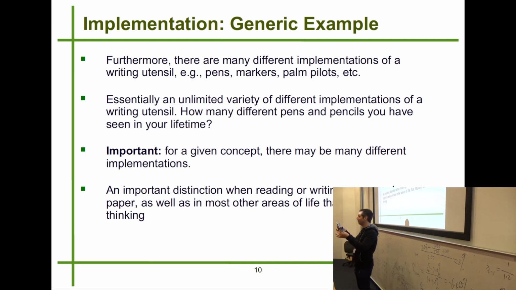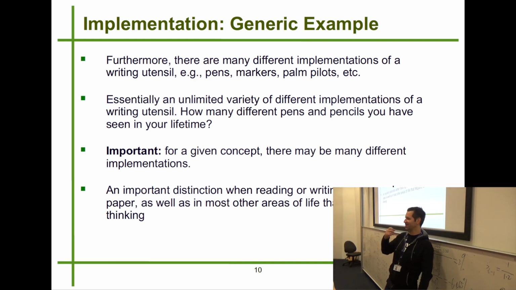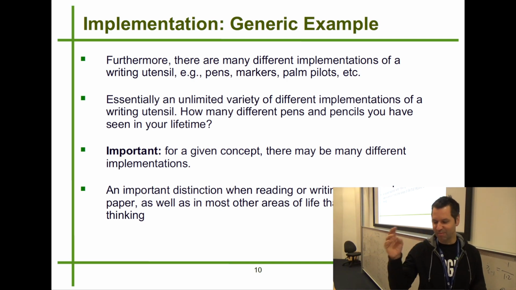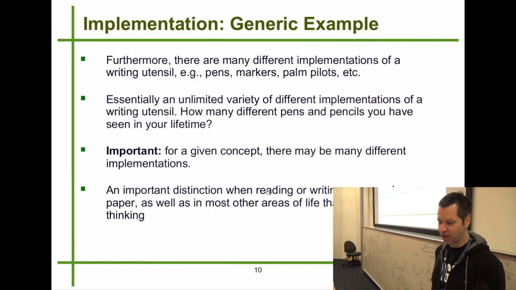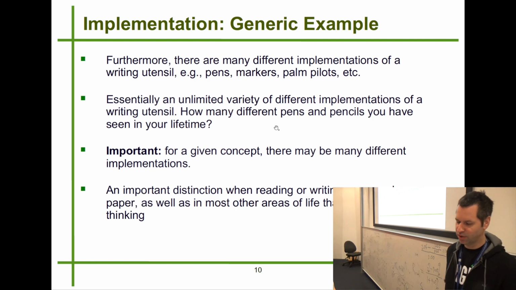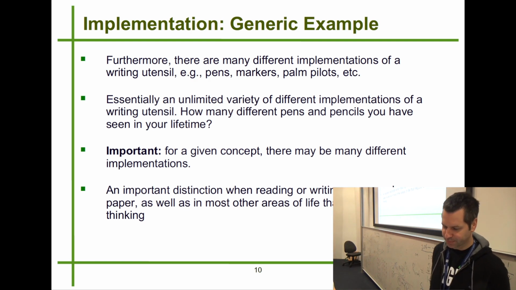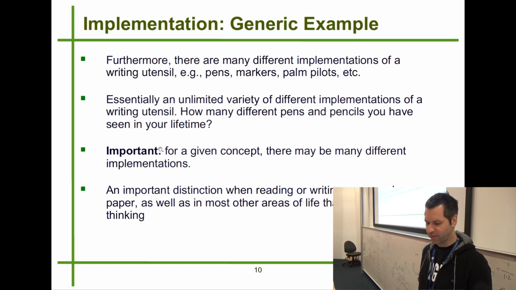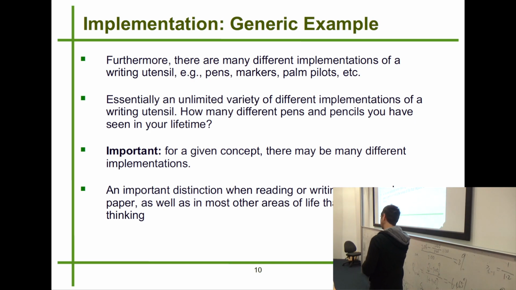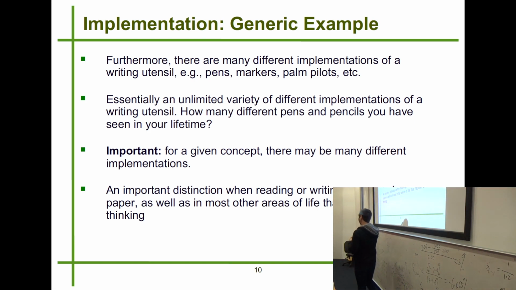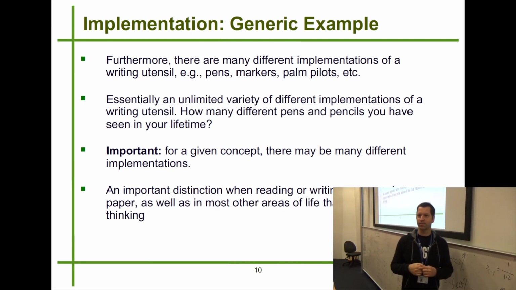If everybody takes out their pens and pencils in this classroom, probably every single one of them is different. Same with planes, automobiles, any implementation. Essentially an unlimited variety of different implementations for a given concept. So this is important. For a given concept, there are many different implementations. And that's something you want to have in the back of your mind when you're extracting the essentials of a research paper.